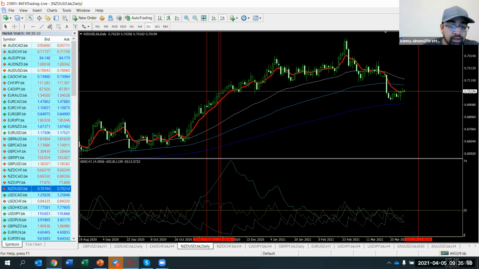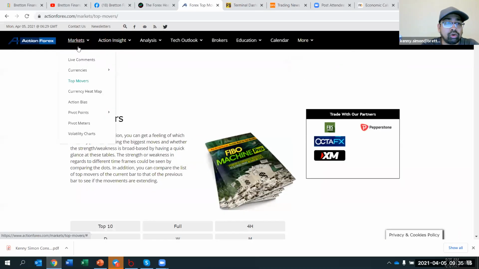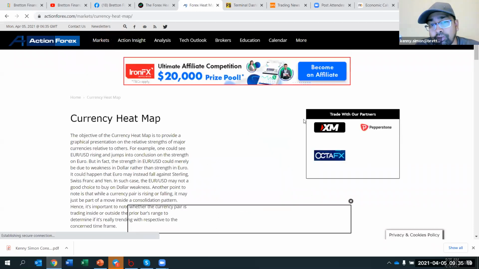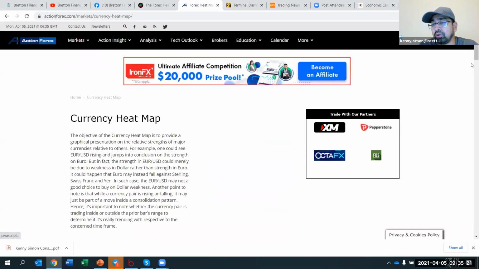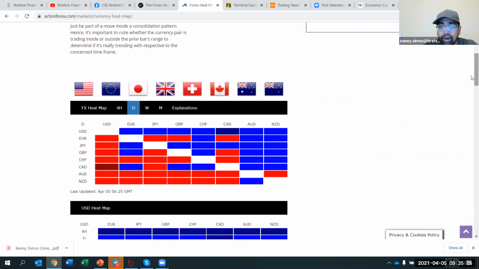So let's now go back to this area here and go on to the action forex and get a bit of help from the currency heat map to see which currency pairs or currencies have got a clear trend. Now, if I go on to the daily chart, for example, you can do that on the 4-hour. On the 4-hour chart, you can see that you've got more dark blue or dark red columns.